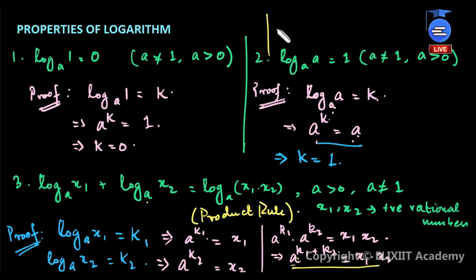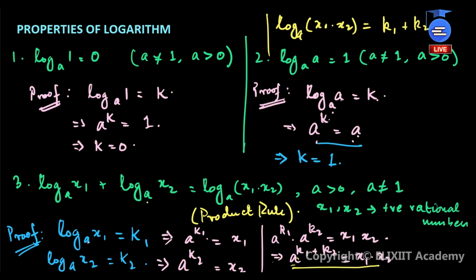So we have log x1 into x2 base a is equal to k1 plus k2.